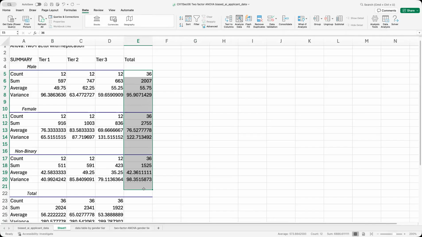Looks like the female is the highest one, 76.5 compared to 55.75 and 42. This AI is actually biased in favor of women, not against women. It is still biased, but my lawsuit is wrong. I'm not biased against women. This AI actually is biased for women.